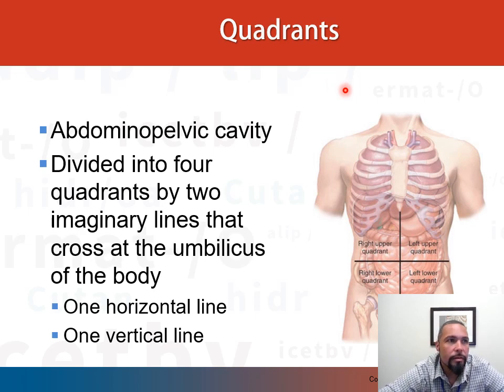The left upper quadrant is what's going to hold, for example, your stomach. Your right upper quadrant and your left upper quadrant will house your transverse colon, which is right there. So you can see how different body parts are housed within different quadrants.